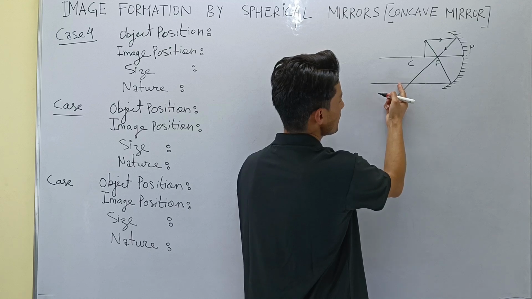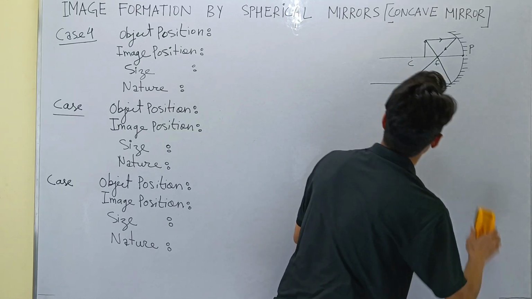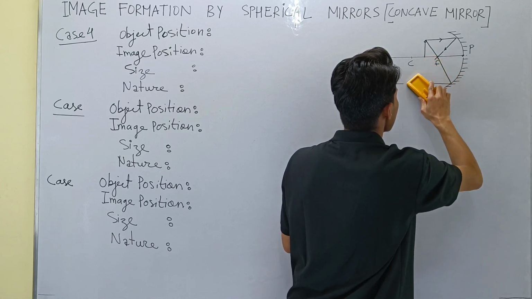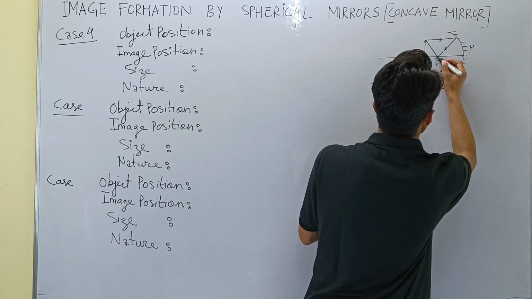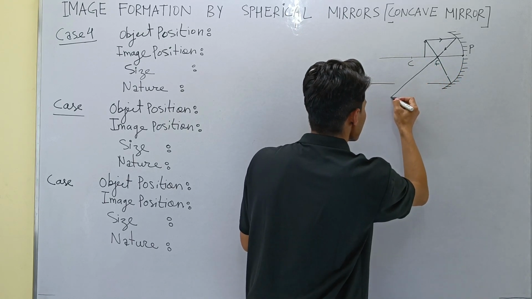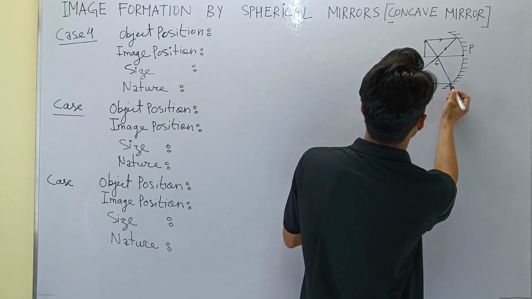Should have been a little bit this side, but what to do now? I think if I erase this one and align this line a little bit, I'll get a perfect figure. So let me do some adjustment here. Oh no, not like this. It has to be straight though, after all. And again, this one.